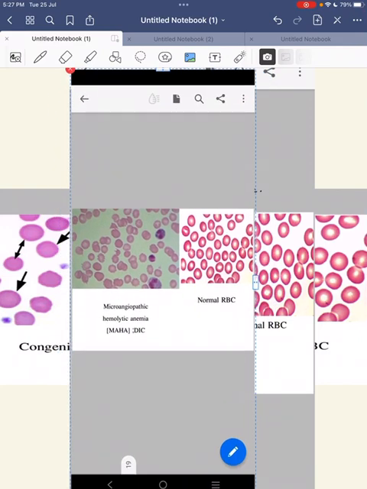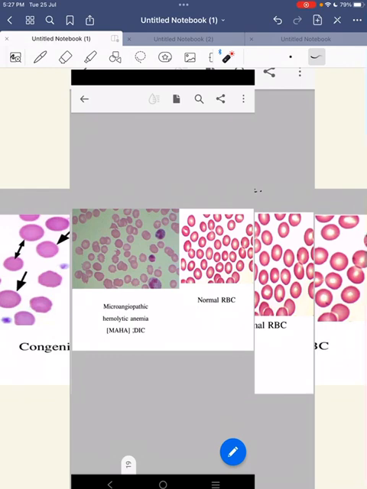Therefore it leads to what are called helmet cells. This is an example of microangiopathic hemolytic anemia. These are the helmet cells that you see in this peripheral smear. These are the peripheral smears of some examples of anemia.